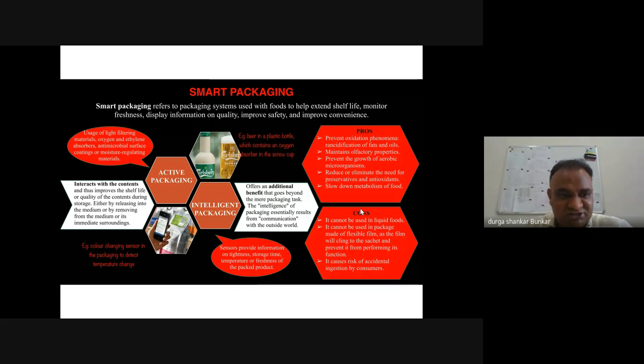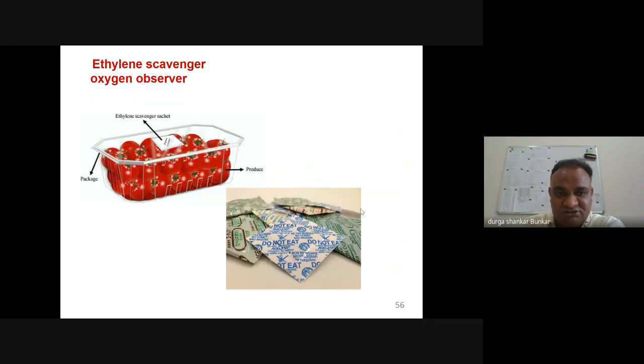In active packaging we use light filtering material and oxygen and ethylene absorbers. In intelligent packaging we also use sensors. The sensors provide information on tightness, storage time, temperature, and freshness. So this is the basic difference between these packaging materials.